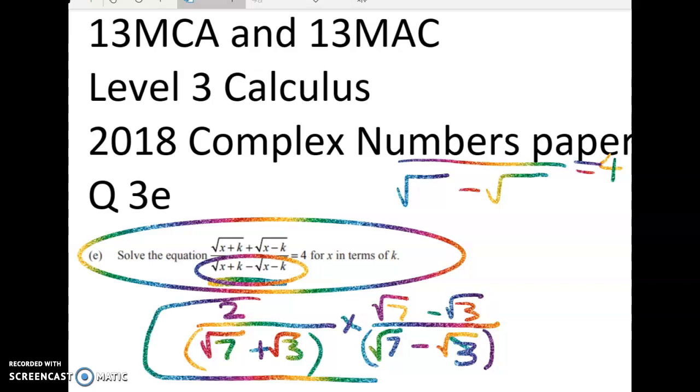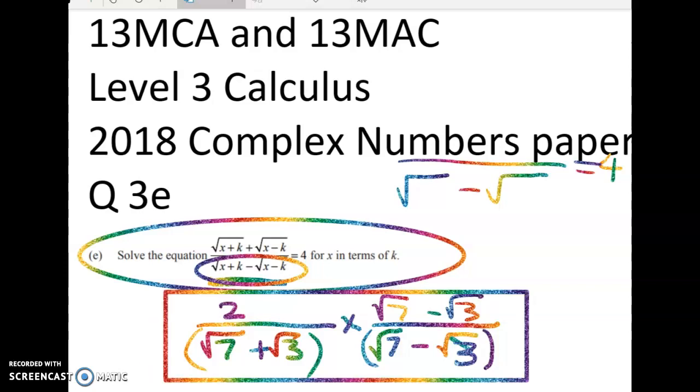This is the way that we do that. Suppose that we start with 2 divided by root 7 plus root 3. Then if I multiply by root 7 minus root 3, I'm going to simplify the denominator significantly.